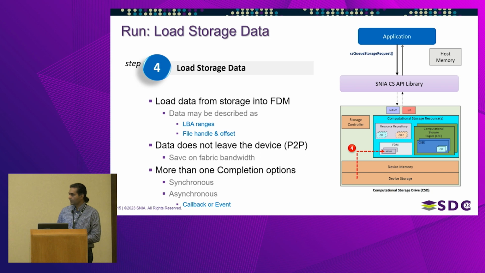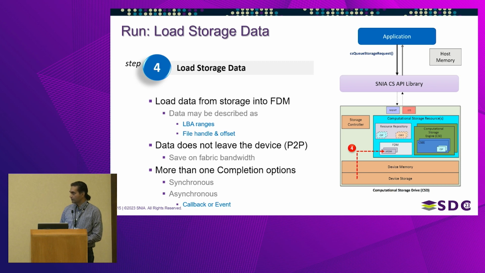Loading of data could be done using a set of LBA ranges, if you know the ranges, or you could provide a file handle and an offset if you're using a file system and you have accessed that file in a way that it could be used for direct load and store operations internal to the device.